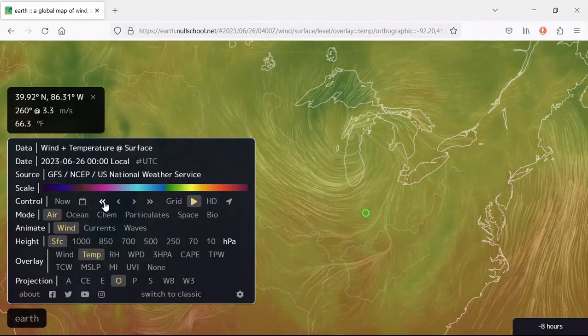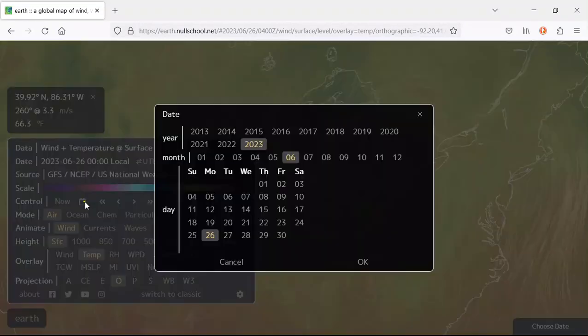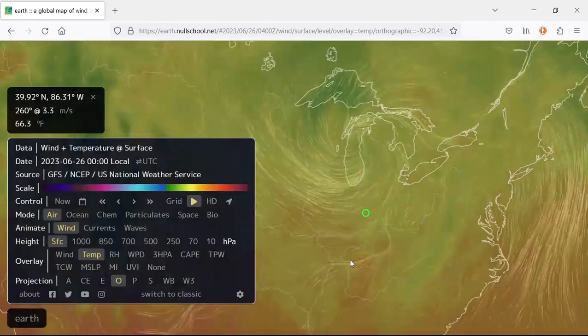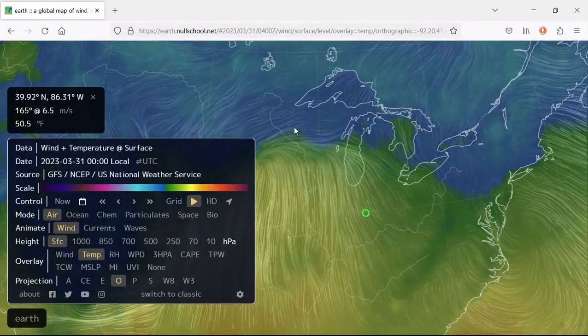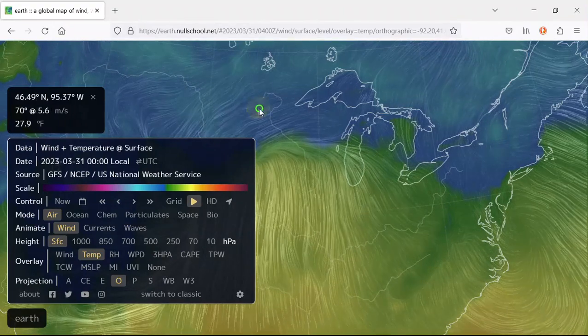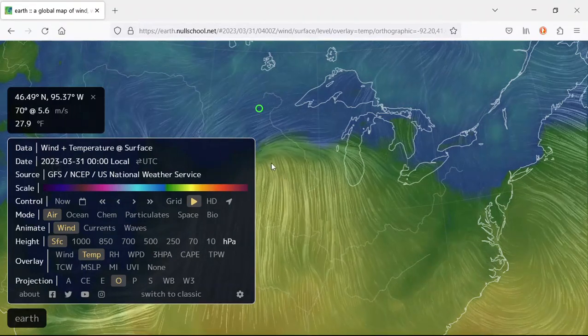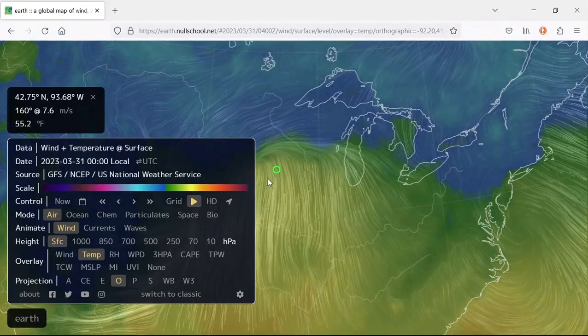You can see that even more if I look at another case study, which I'm going to do right now. I'm going to go to the other one that we've looked at, from the end of March. Here, very drastic differences. That's a huge difference. Up here, 27 degrees, whereas just over here, a 30-degree difference, and you're still in the same state of Minnesota.